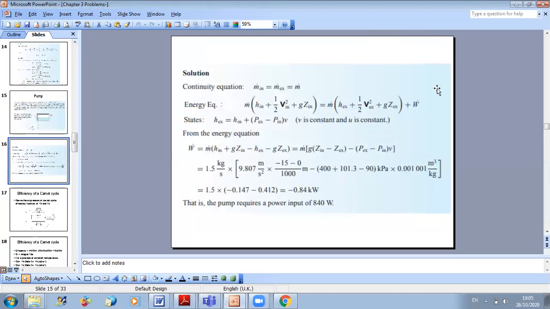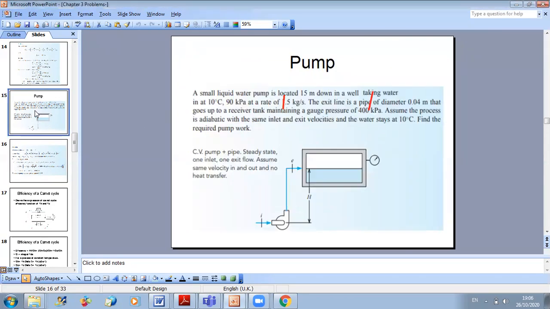So I have that. Writing my formula, okay? We know that, as I said, the kinetic energy is not varying. You have Z in and Z out, you can take a reference line, okay? So you can take your pump as reference because I told you that the pump is at 15 meters below the reservoir of water.